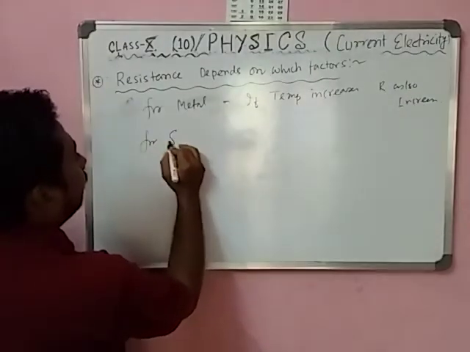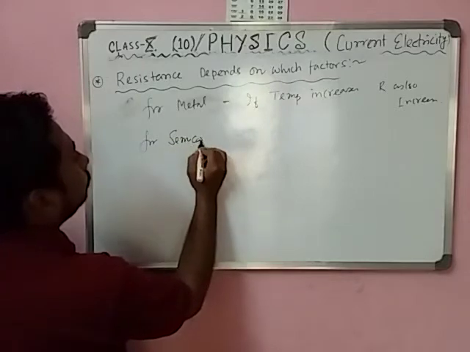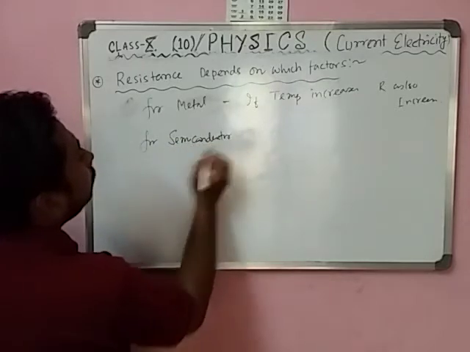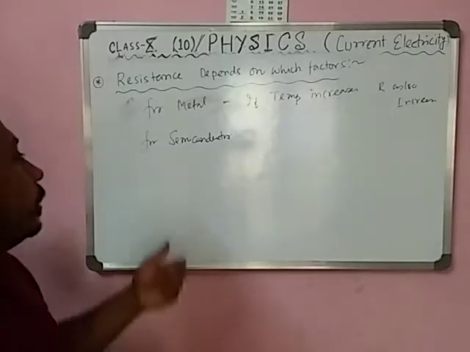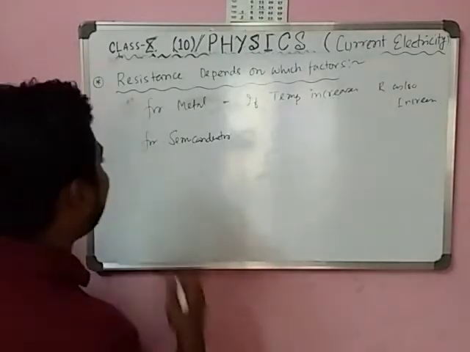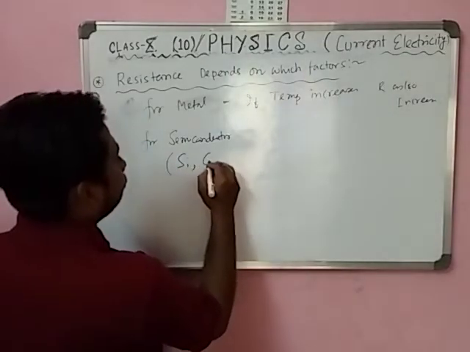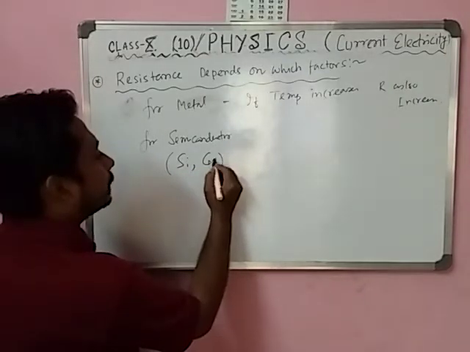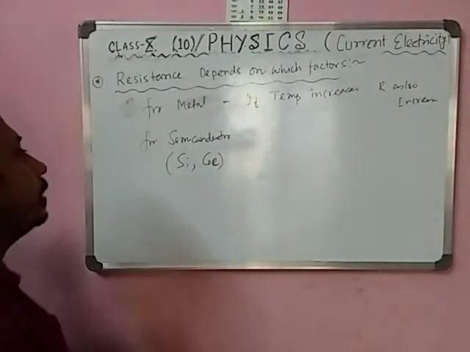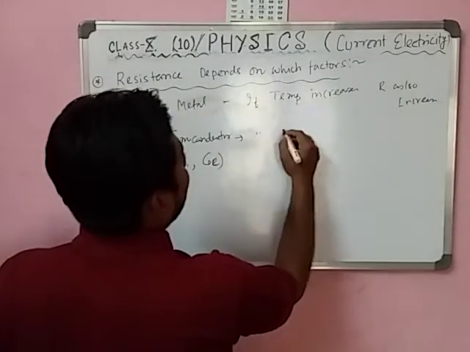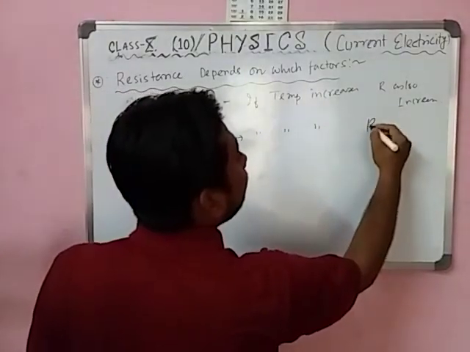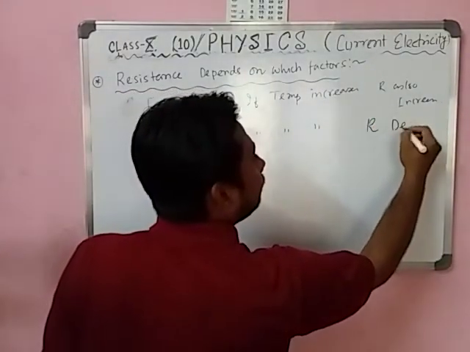For semiconductors, meaning silicon and germanium, if temperature increases, resistance decreases.